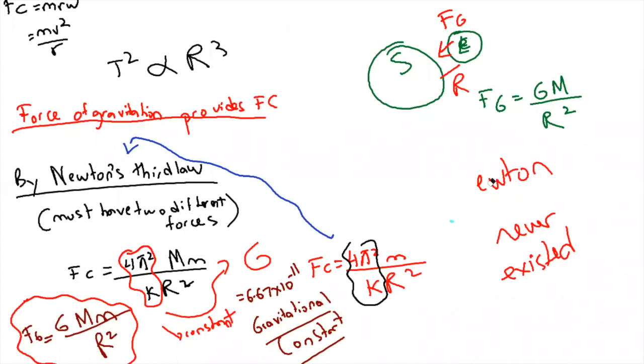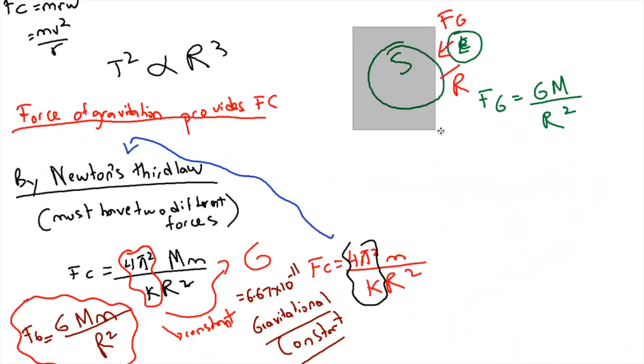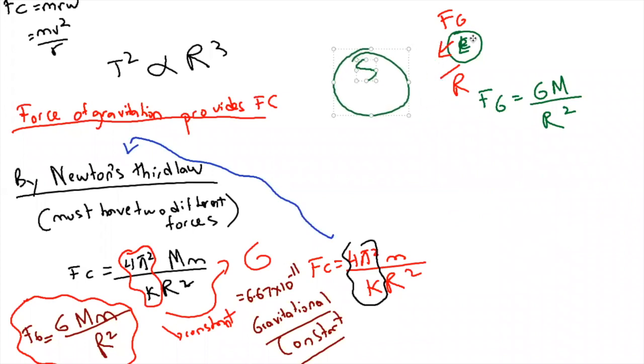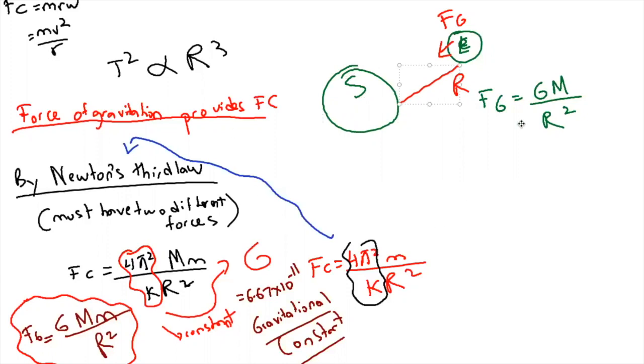Because Newton says every action has equal and opposite reaction. So, yes, Fg is acting here and Earth is revolving around sun. But you cannot deny the fact that there's another force over here, and this is Fg as well, by Newton's third law.